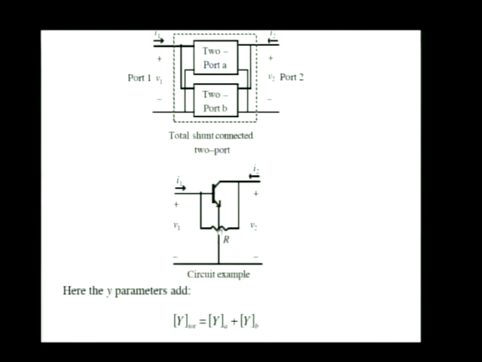But remember, it's the same as connecting that resistor up here, and that's a very common circuit configuration. So, in order to figure out the Y parameters of this transistor with feedback, find the Y parameters of the transistor and find the Y parameters of the resistor and add them up element by element, and there you have the Y parameters of the overall circuit.